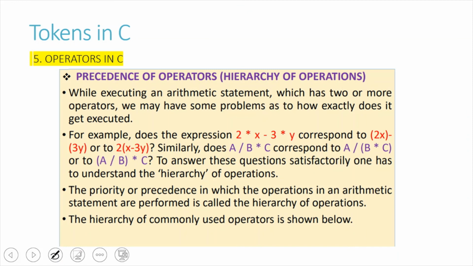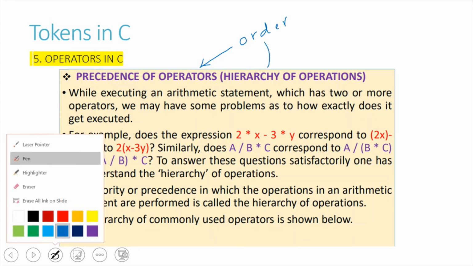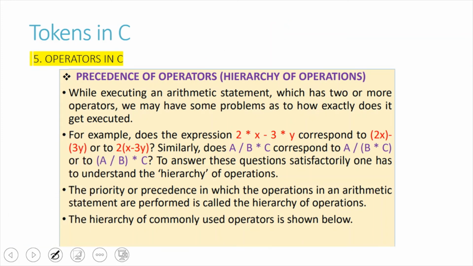The order of the operators is called the precedence of operators. Precedence of operators means the order of operators. It is also called the hierarchy of operations. In maths, we would have studied what is called the BODMAS rule.